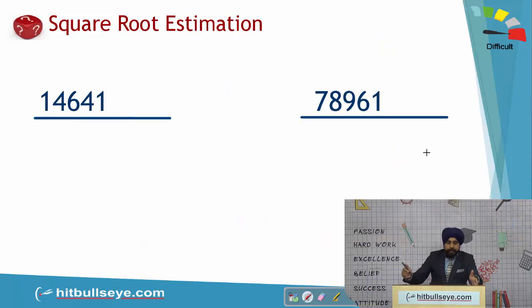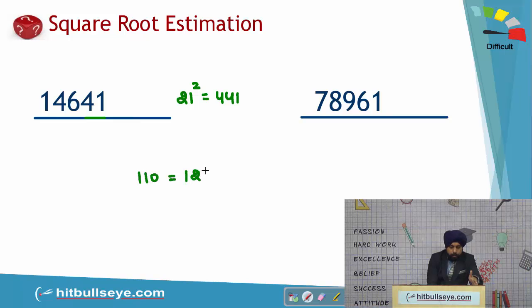Let's do one more. Now students, here the right hand side is 41, which tells you that 21 is involved. Now just see, what is the square of 100? It is 10,000. What is the square of 110? It is 12100.